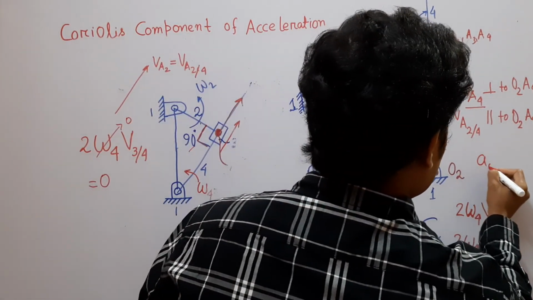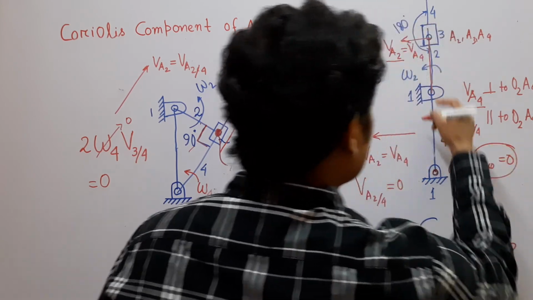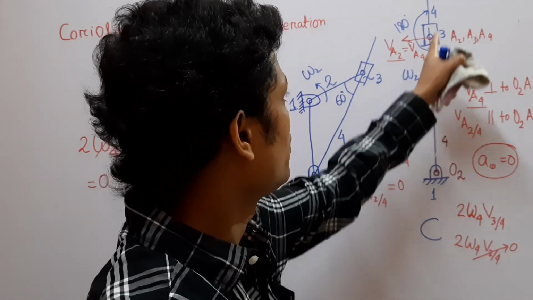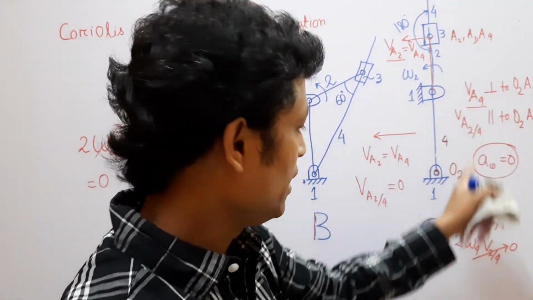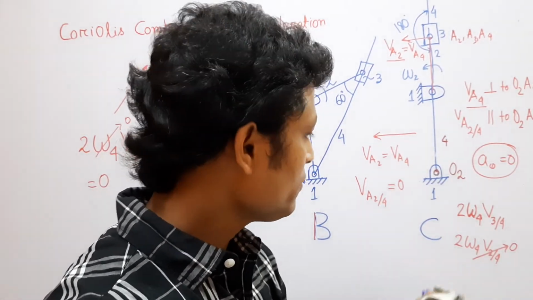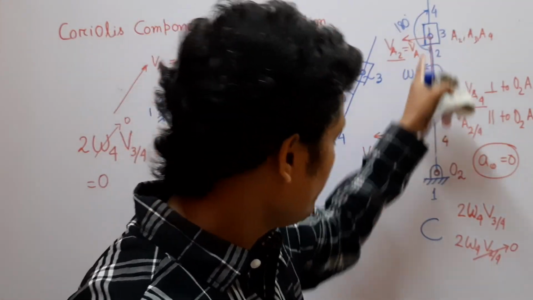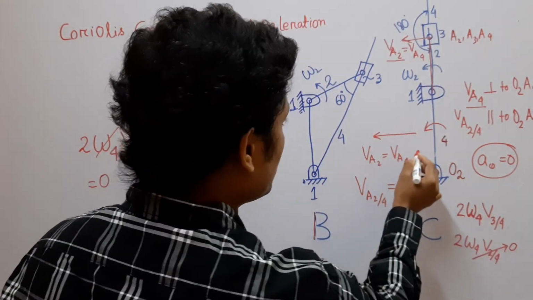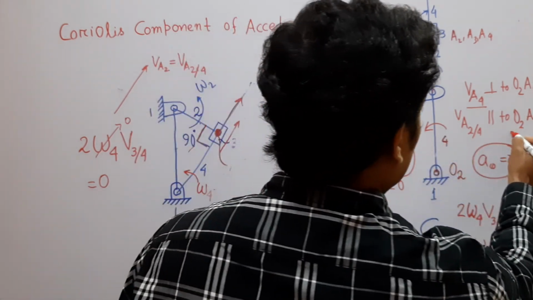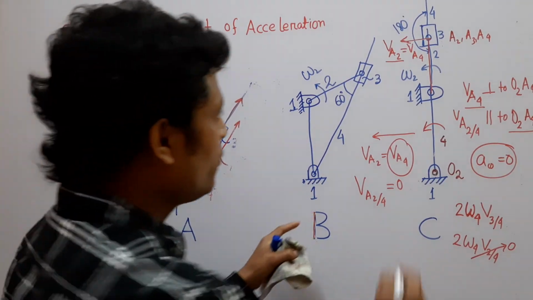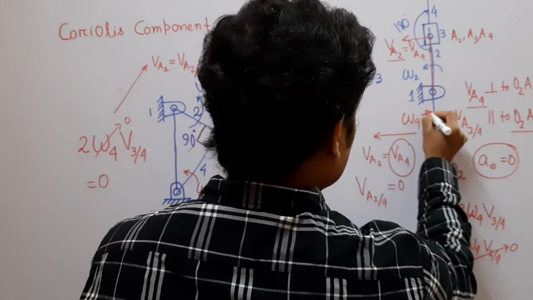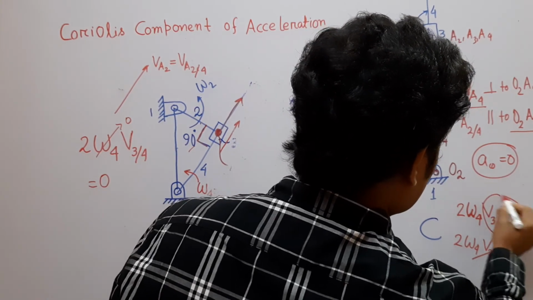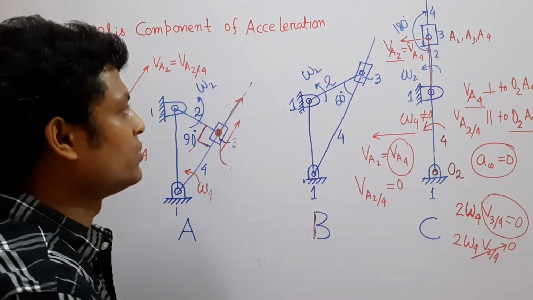When the crank and oscillating link are overlapped, or the angle between them is 180 degree, the Coriolis component is 0, because at this instant the sliding velocity of the slider is 0. Link 4 has omega 4, because omega 4 is nothing but VA4 by O4A4, so omega 4 is non-zero. But VA3 by 4 or 2 by 4 is 0. So the Coriolis component is 0.